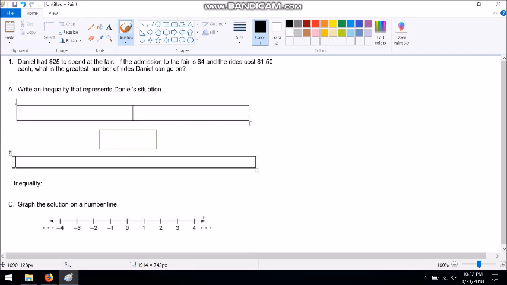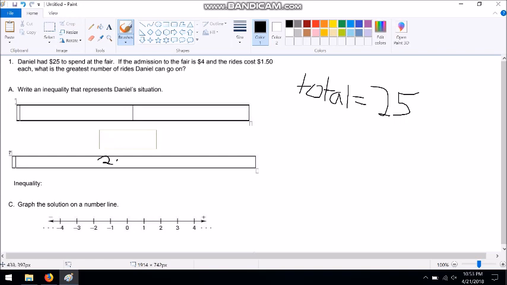So we're going to put the 25 in the bottom box here.